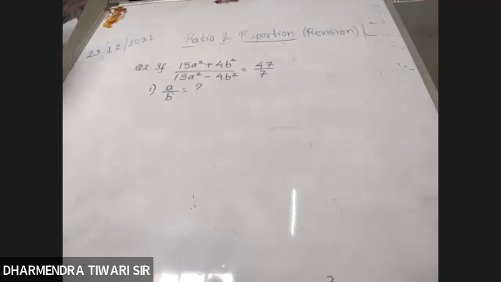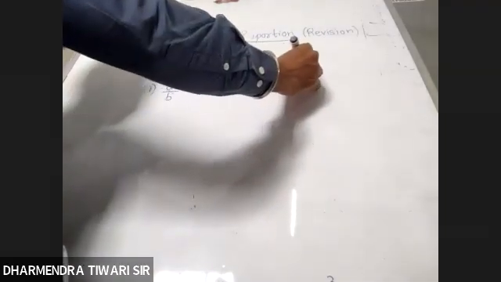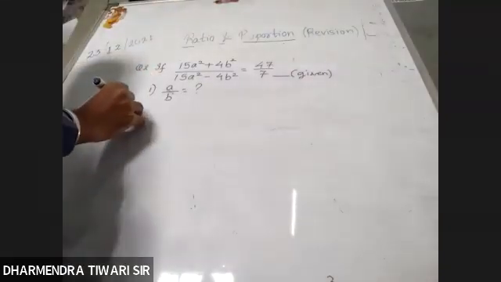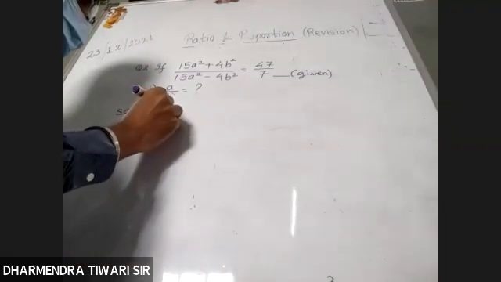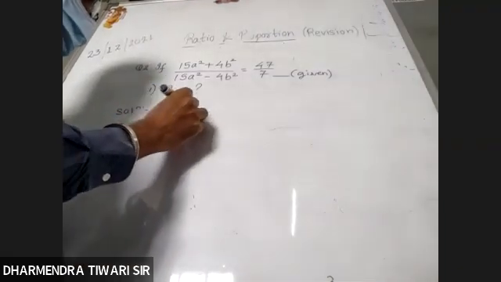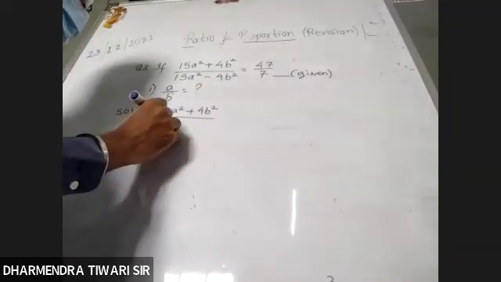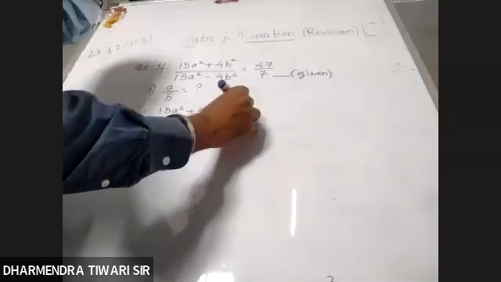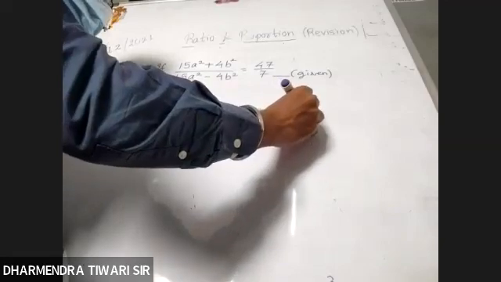So this is the given part. The solution: 15a square plus 4b square divided by 15a square minus 4b square is equal to 47 divided by 7. This is given.